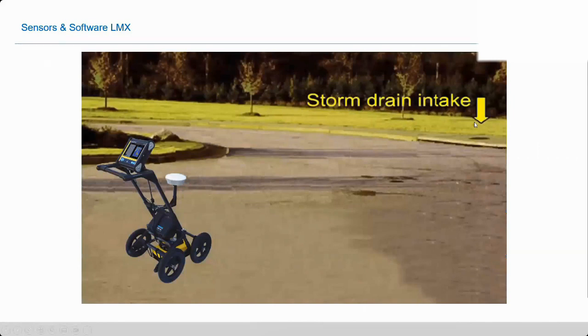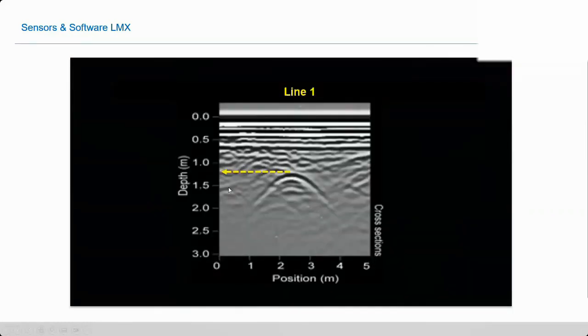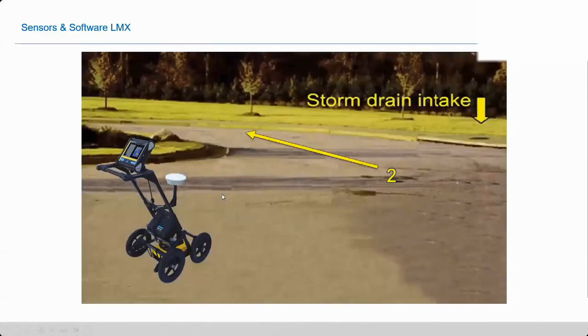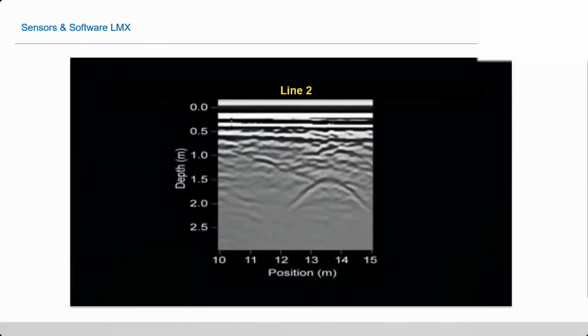So here we have a storm drain, and the intake is here at the right, and it falls away to the left. So there's our storm drain direction of fall. If we bisect it at point 1, you can see here we have a hyperbola at about 1.2 meters. At point 2, we're seeing now we're down at 1.5 meters.